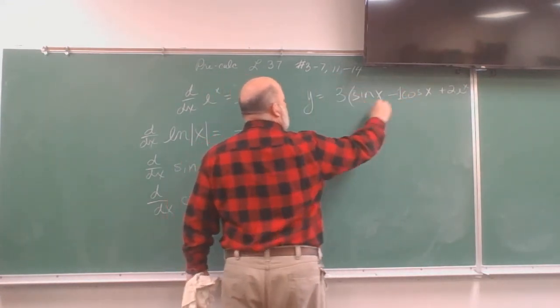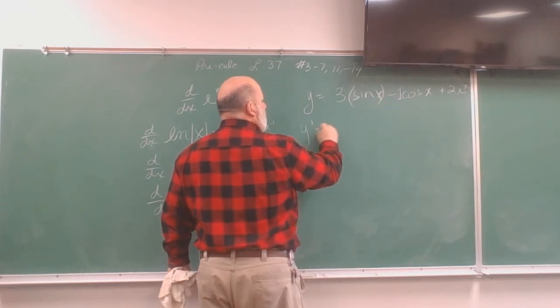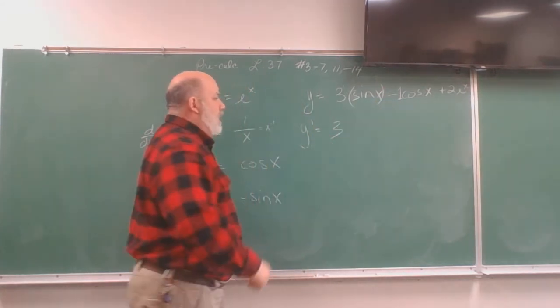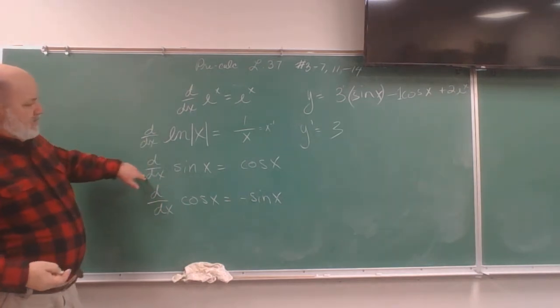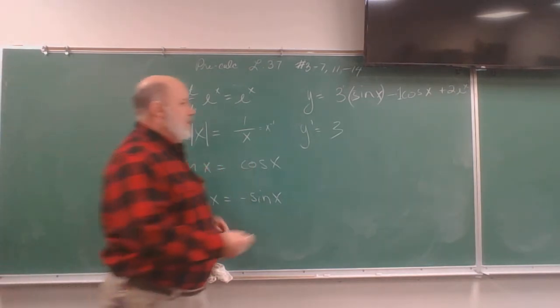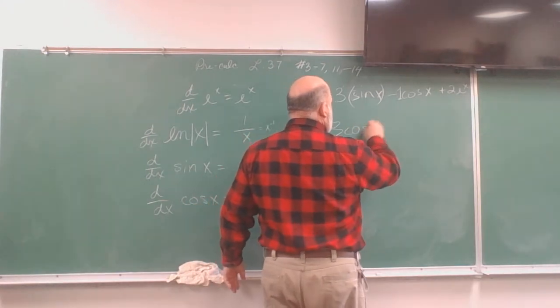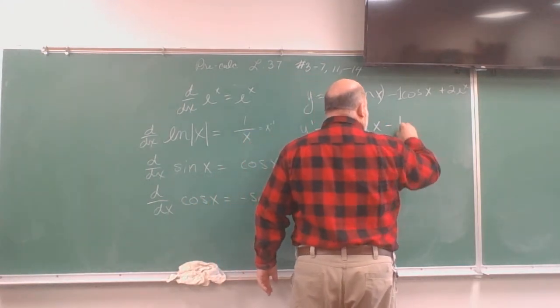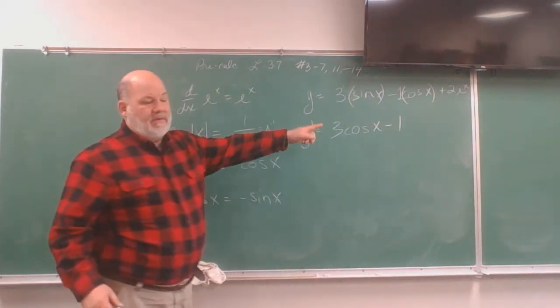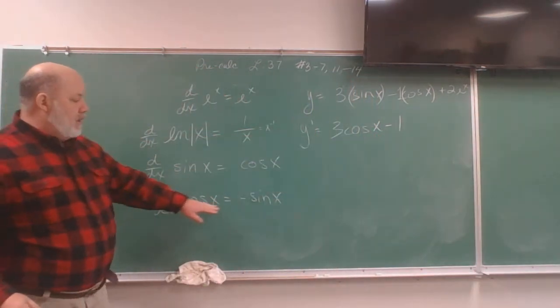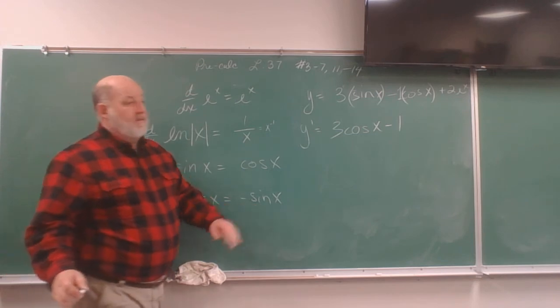So this is 3. The derivative is 3 times the derivative of sine. What is the derivative of sine? It is cosine. Minus 1 times the derivative of cosine x. What is the derivative of cosine x? Well, the derivative of cosine x is negative sine x.